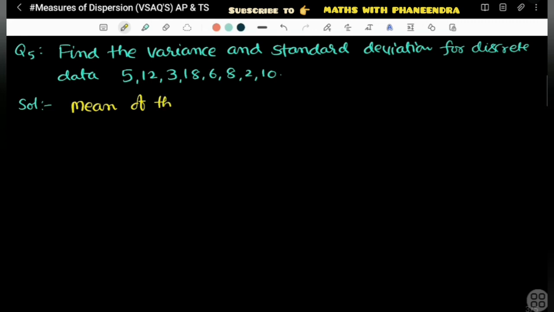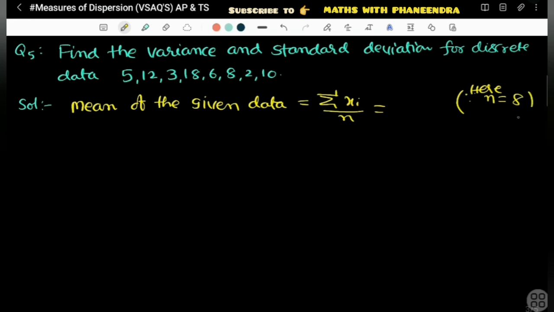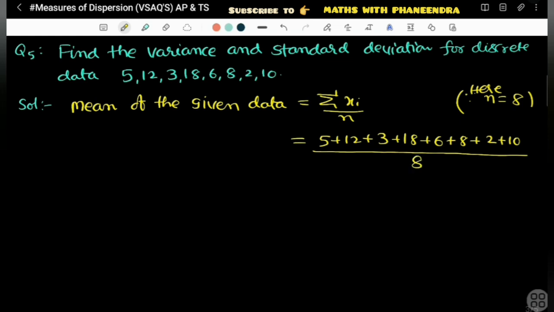Mean of the given data. So sigma xi by n. So how many observations are there? Here n is equal to 8. 5 plus 12 plus 3 plus 18 plus 6 plus 8 plus 2 plus 10 divided by 8.